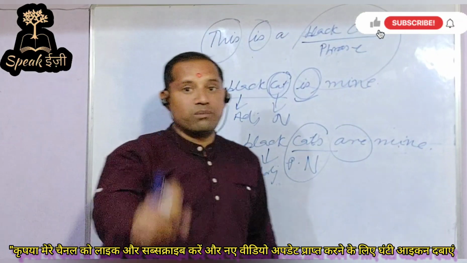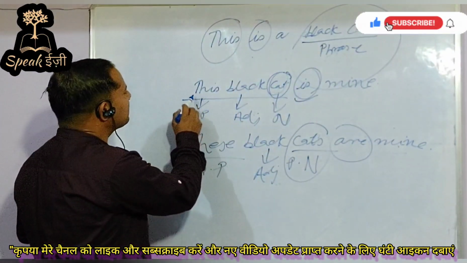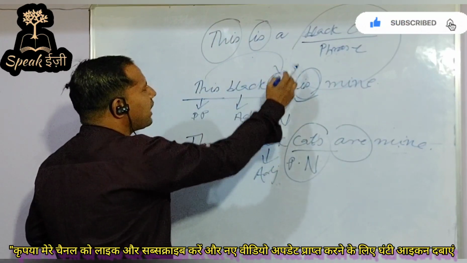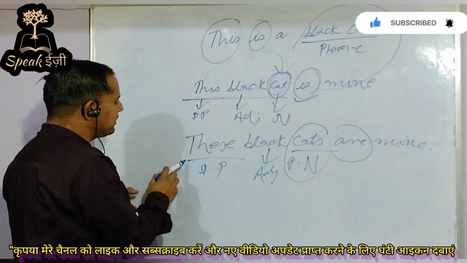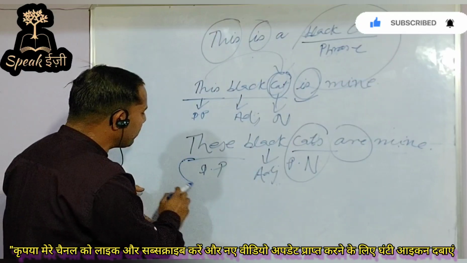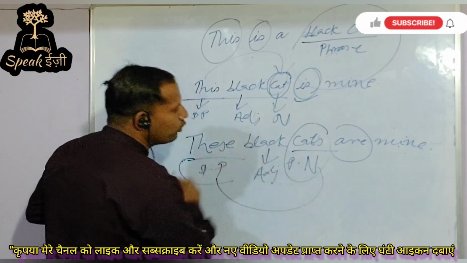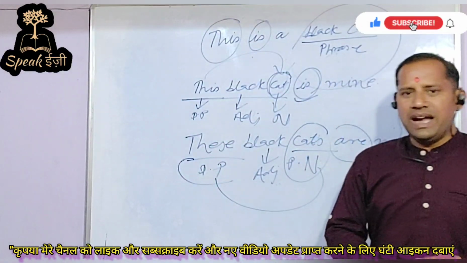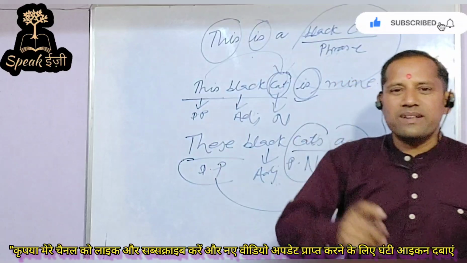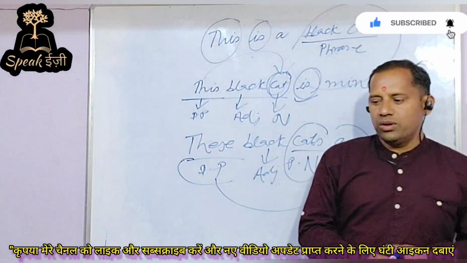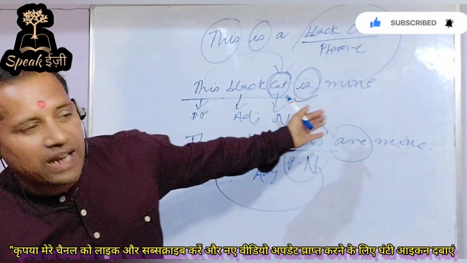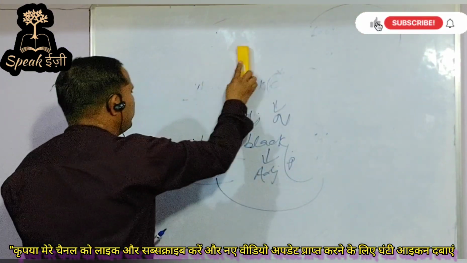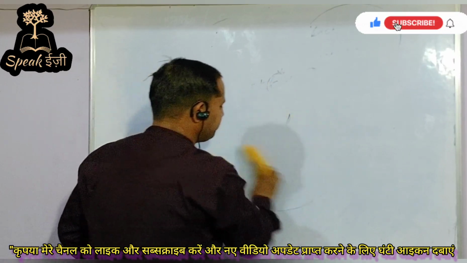One more thing you have to keep in mind: because here is a singular pronoun, there must be a singular noun. If the sentence begins with a plural pronoun, the noun must be plural. I hope all the things will be very clear to you and you understand what I want to tell you. So let me write down a few sentences on the basis of the table which we had studied just before.